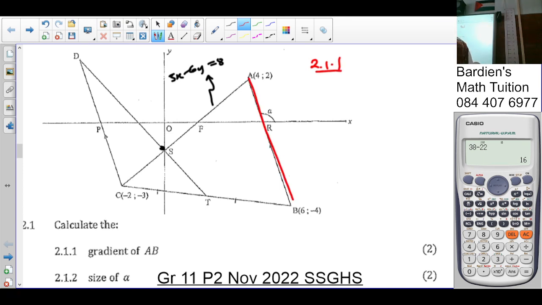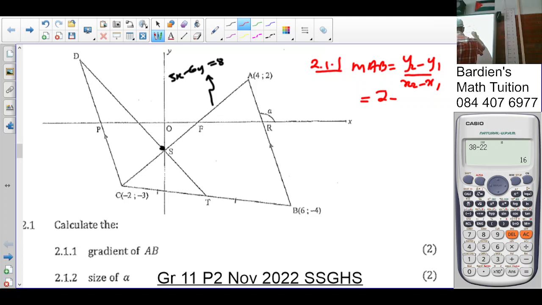So to calculate the gradient, I need 2 points on this graph, not so? So the gradient of AB is equal to y2 minus y1 over x2 minus x1, not so? So it's going to be 2 minus 4 over 4 minus 6, which is going to give us 6 over negative 2, which is negative 3. Is that correct? So the gradient of this is going to be negative 3.